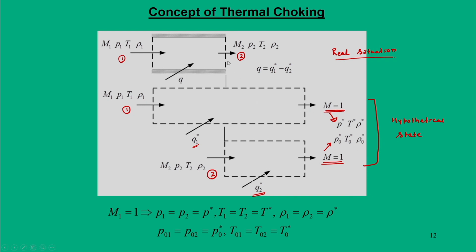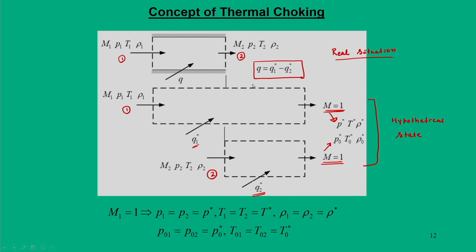So, from this pictorial representation the amount of heat that I am going to add in a real situation is nothing but the difference of the hypothetical heat transfers Q 1 star and Q 2 star for state 1 and state 2.